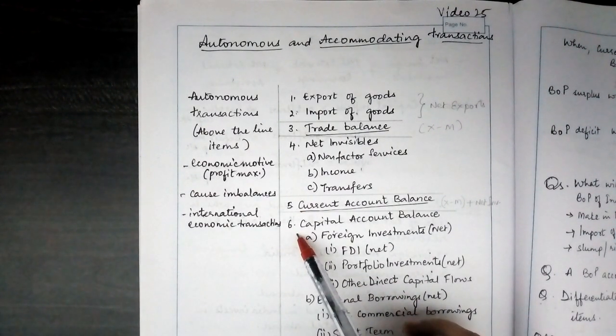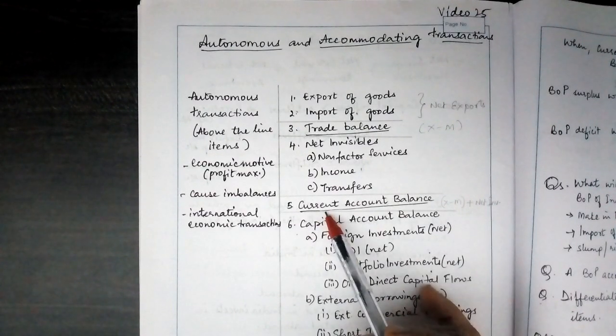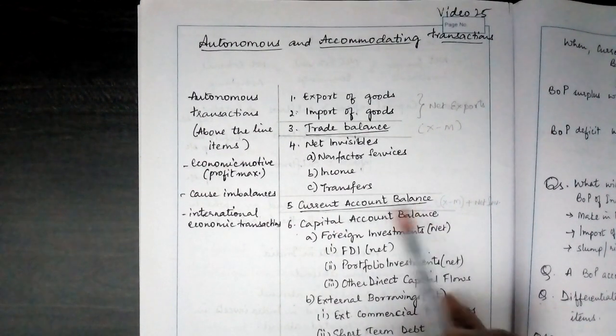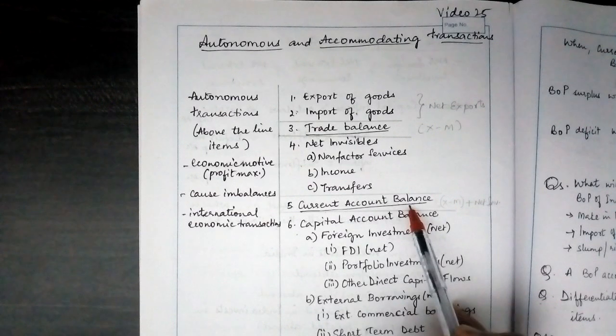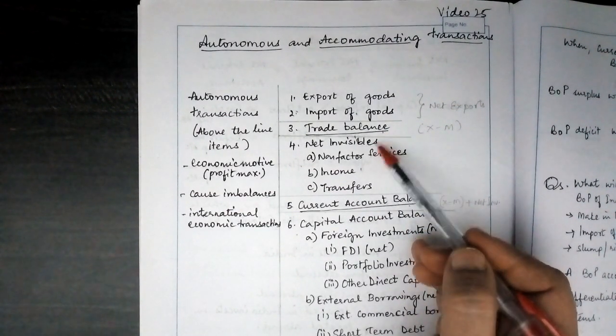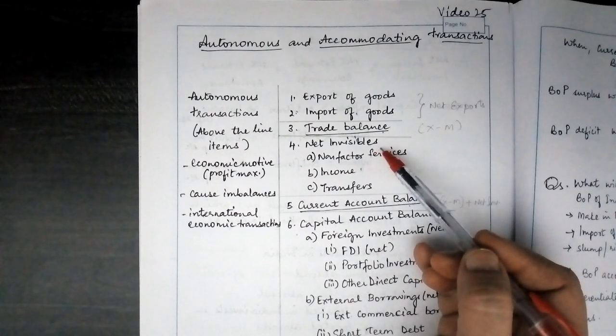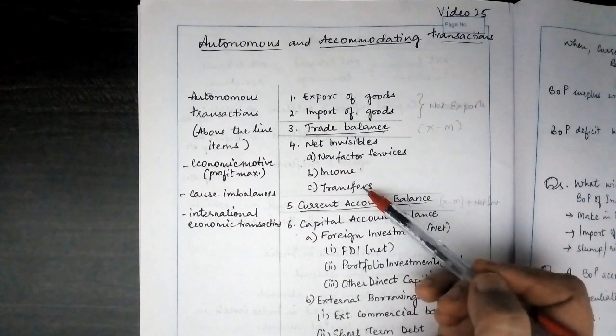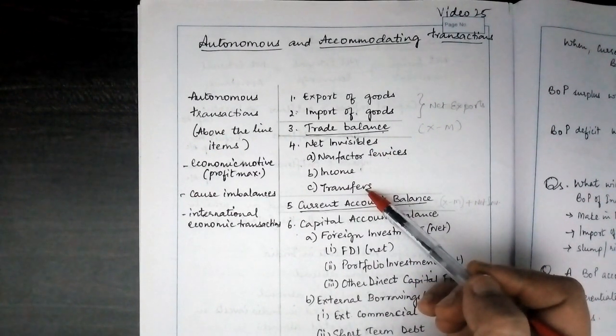Now, in our previous videos, we learned what the current account balance is. Current account balance includes the trade balance, that is goods, and net invisibles, that is the services, and transfer payments.